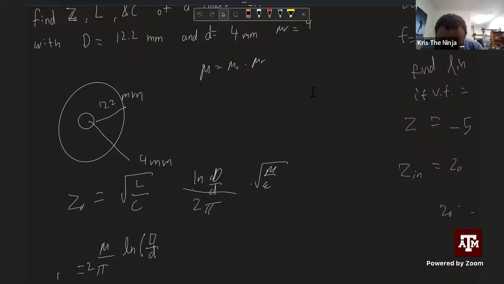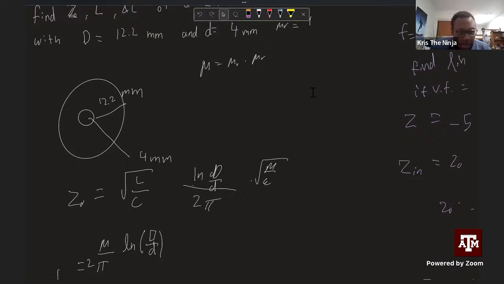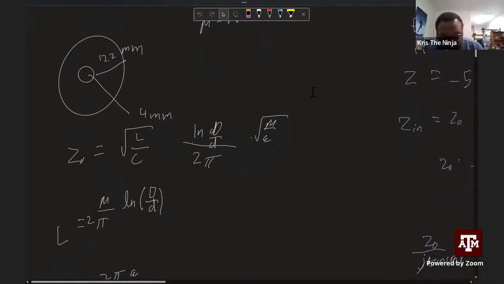As given, L is mu over 2 pi times the natural log of big D over D. If we take the natural log of 12.2, assuming meters, we'd have to do 0.122, and then we divide that by 0.004. We have the natural log equals 1.115.